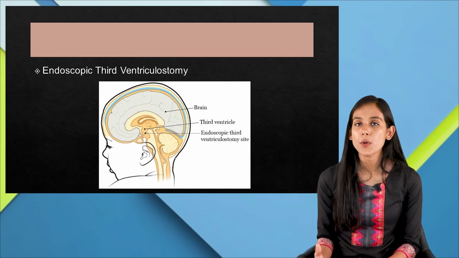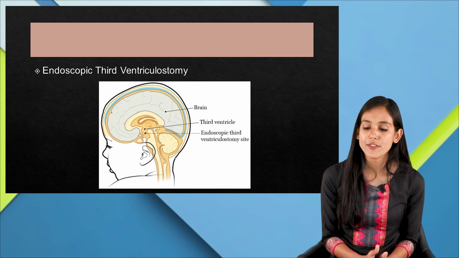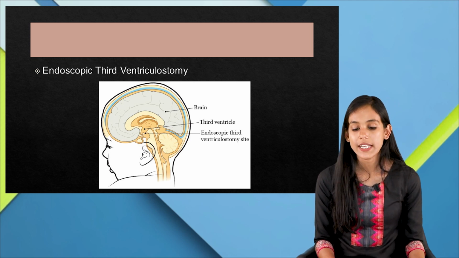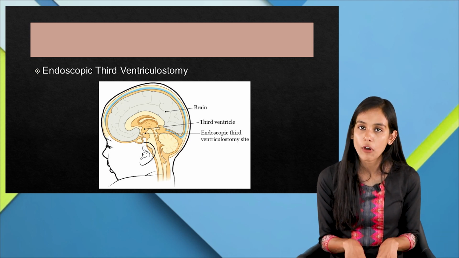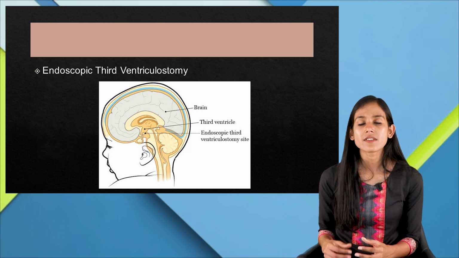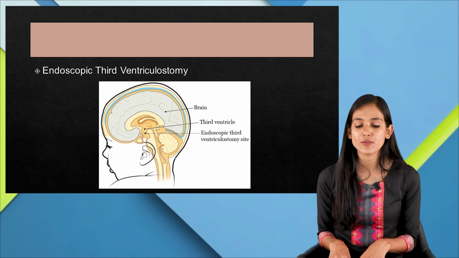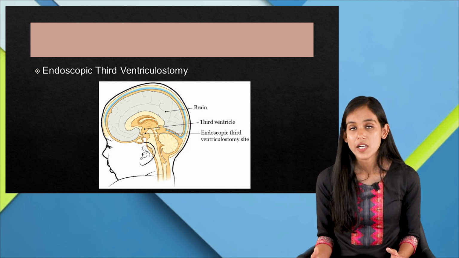And then there is endoscopic third ventriculostomy. This is basically an alternative procedure to shunt surgery, and it involves making a hole in the floor of the brain, which would allow the trapped CSF to escape to the surface of the brain, where it can be absorbed.